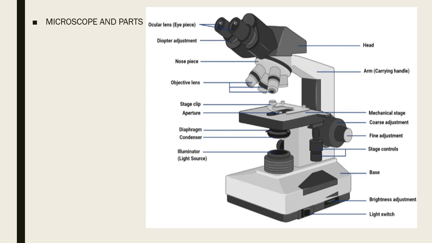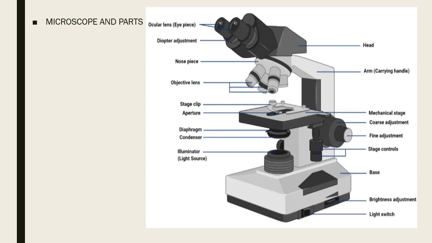And then you have your revolving nosepiece, which houses your objective lenses, and it can be revolved to change your objective.